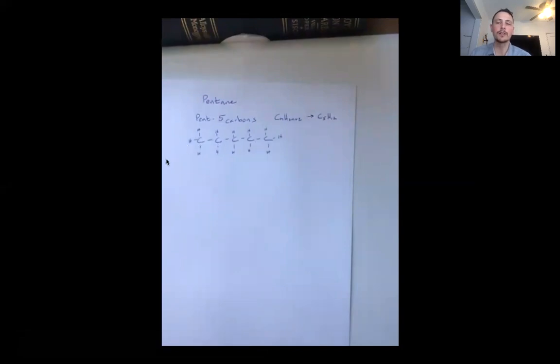They're following that octet rule. Each bond is 2 electrons, and they want those full 8 electrons like we spent so much time on earlier in the year. So pentane would look like this. We have 5 carbons. It's fully saturated. We have single bonds between each carbon, and we have 12 hydrogens filling up all of the extra bonding sites for each carbon.